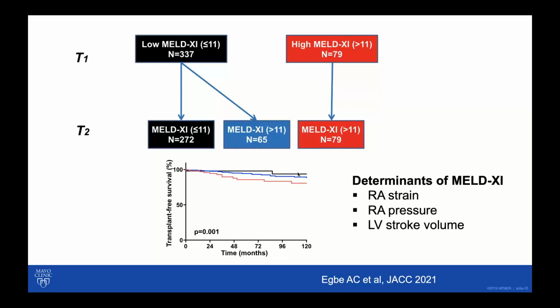And the determinants of MELD score again are right atrial functional hemodynamics and LV stroke volume. And this makes sense from a physiologic standpoint because increased right atrial pressure leads to high central venous pressure and congestion of the liver. Low stroke volume and cardiac output reduce perfusion of the kidneys and the liver.